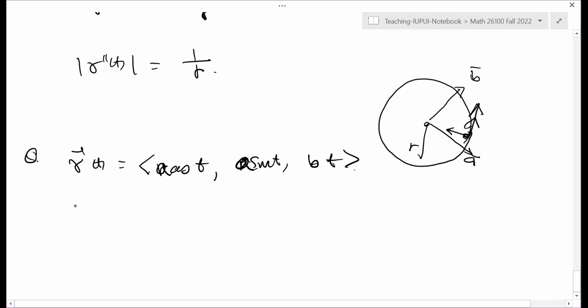So r prime of T equals negative A sine T, A cosine T, and B.